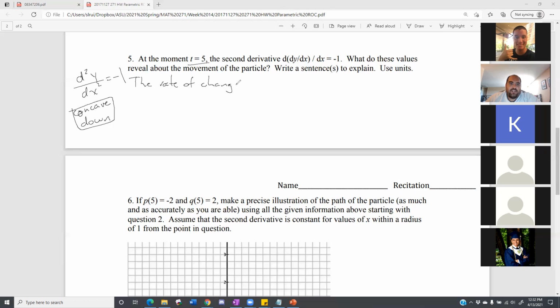When I say the rate of change here, I'm talking about dy/dx. Yeah, dy/dx is decreasing.